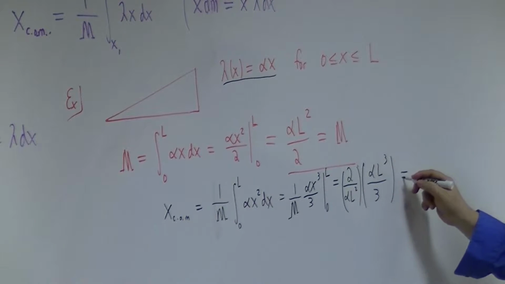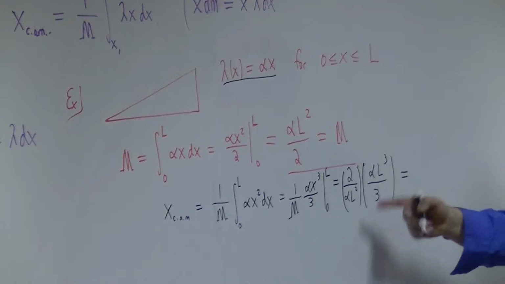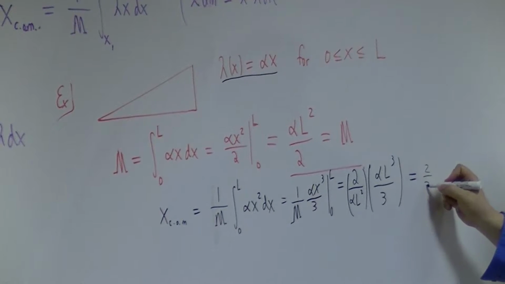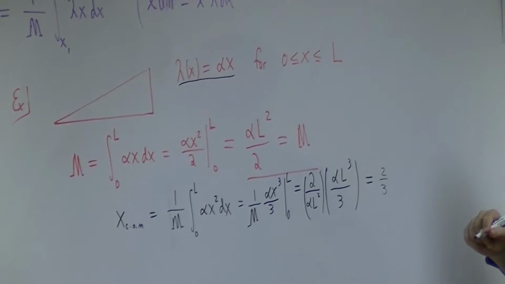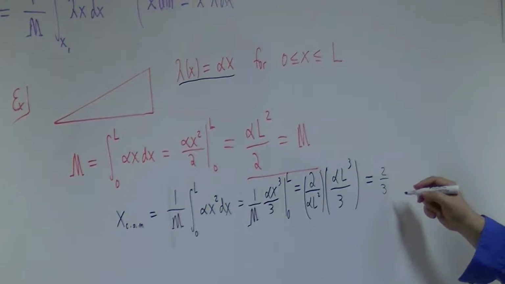You see what happens? L squared and L cubed simplify, the alphas cancel, and we're left with 2/3. Oh, the alphas don't cancel, do they? Wait a minute. Maybe it's a constant. Yeah, they do. So apparently 2/3 L.